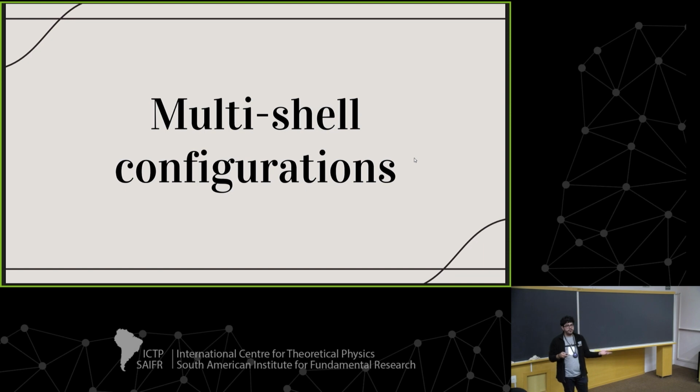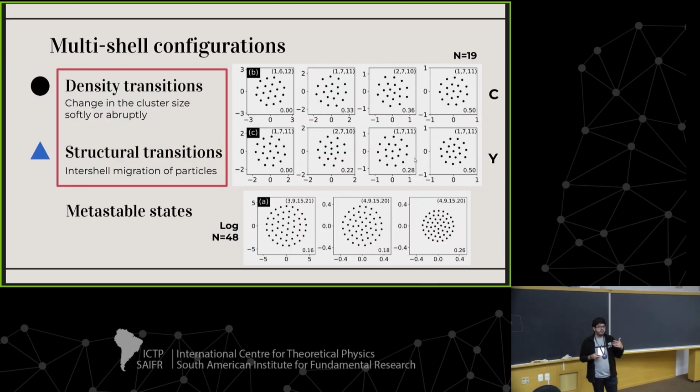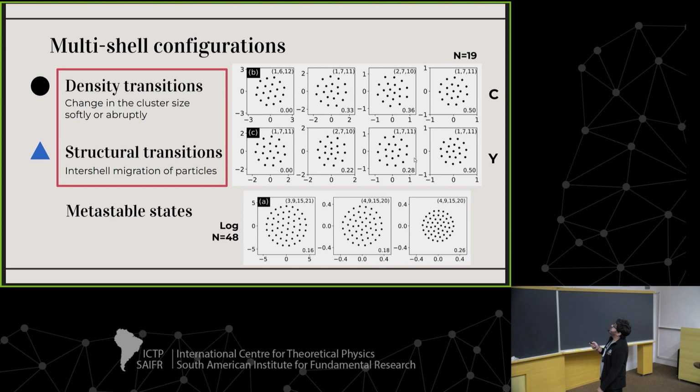And for multi-shell configurations, what happens when we increase the number of particles? Well, basically the same happens, but now we have more abrupt transitions, because if you see here at the numbers, we have also the density transition.